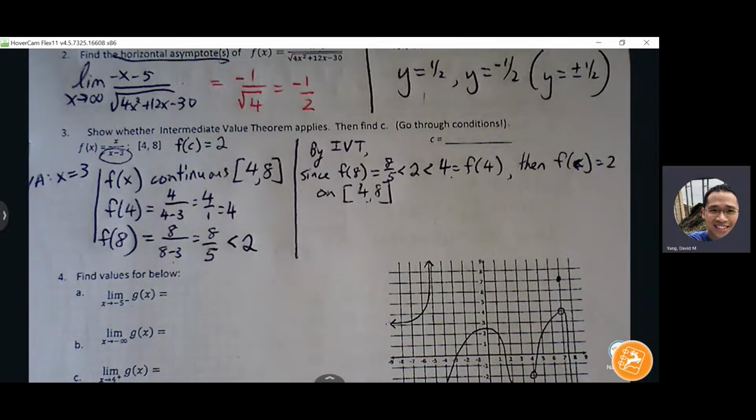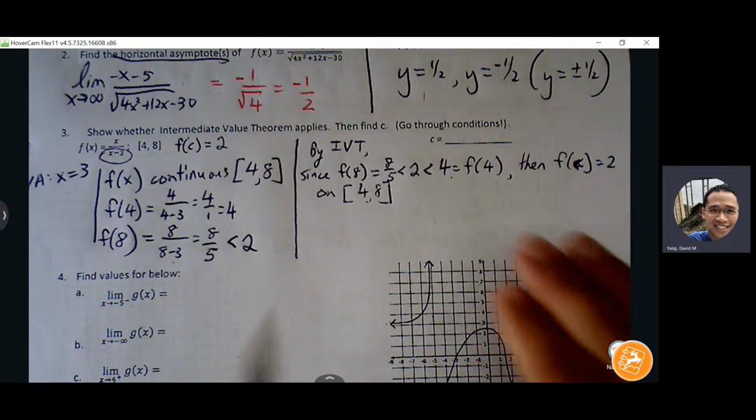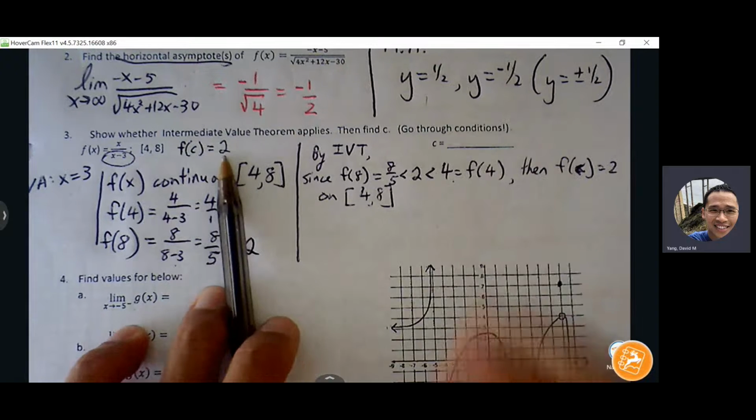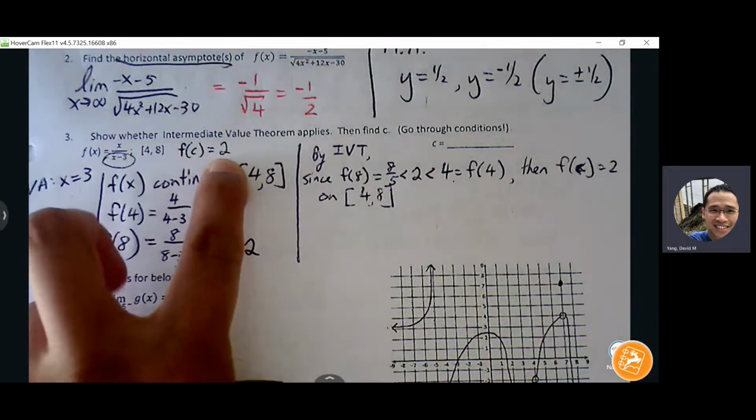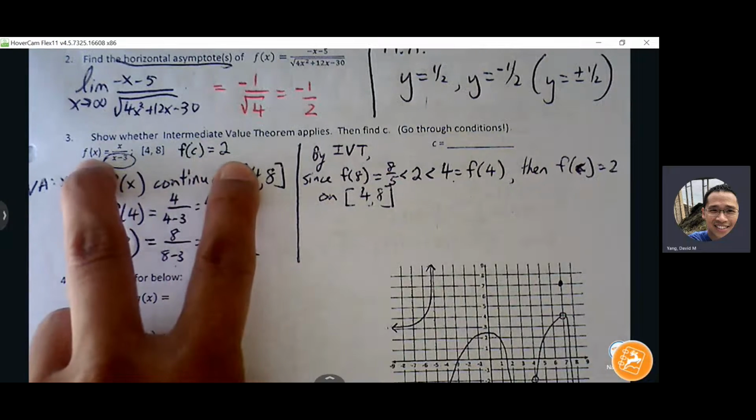Okay, so I proved IVT. I know that this y value is going to live somewhere on that interval. But there's one more thing that I'm looking for here. It says find the what? C, which is really the x value. So if I know what my target y value is, how can I find the x? Yeah, replace the 2 in for the y and solve for x.